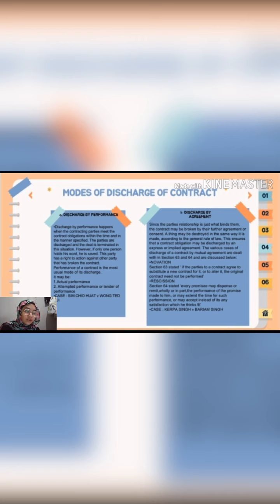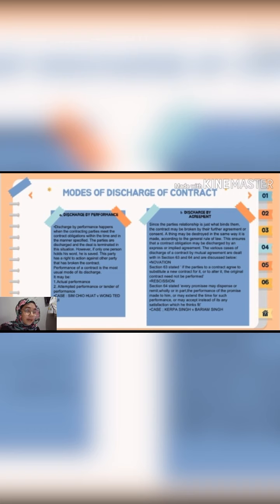When the promisee has agreed that the third party will perform the contract on behalf of the promisor, the promisee cannot sue the promisor if the third party fails to perform the contract. The action will be taken against the third party.